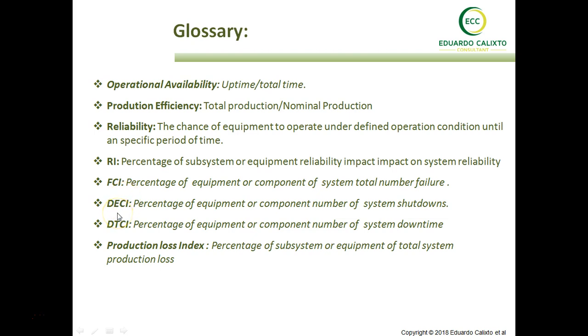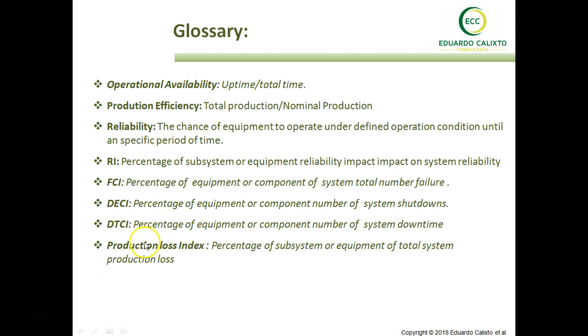We also have the down event critical index, the percentage of system shutdowns attributable to equipment or components. So if we have 10 shutdowns and the gearbox is responsible for 7 of them, the down event critical index is 70% for the gearbox.